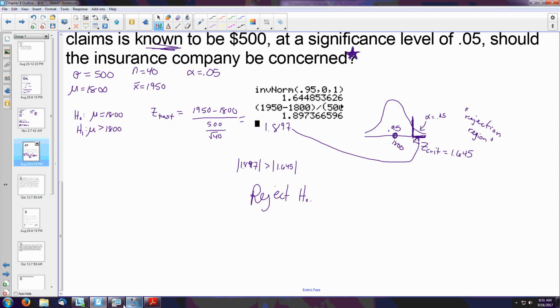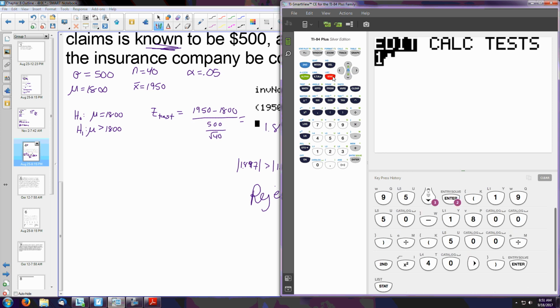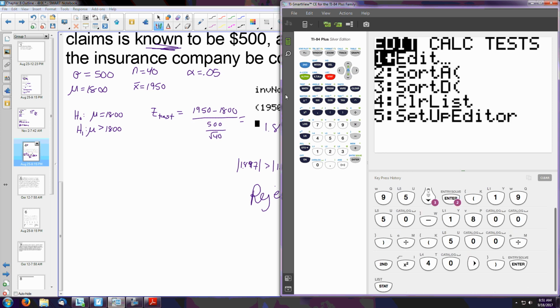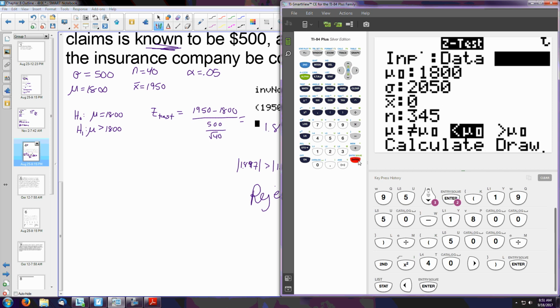Another option you have for calculating these hypothesis tests, once you have your hypothesis set up and your picture, is under your stat menu. If you go over to tests, we have the option for a z-test, which is the first one on the list. So I'm going to enter my data.